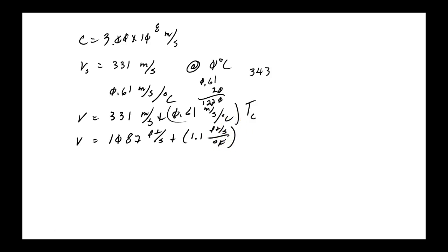But because you don't start degrees Fahrenheit at 0, you start at 32, which is the freezing point of water, you'd have to subtract 32 from your temperature in Fahrenheit.